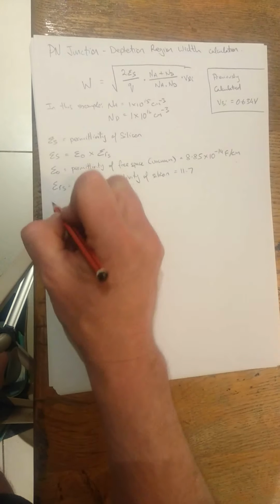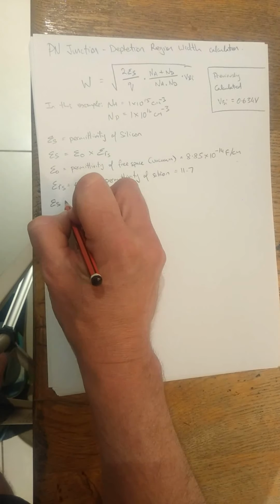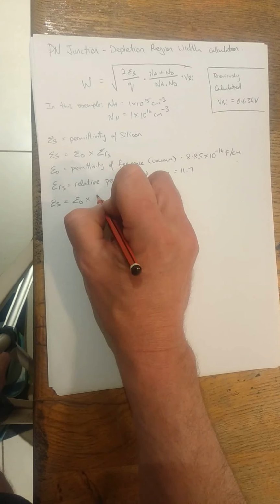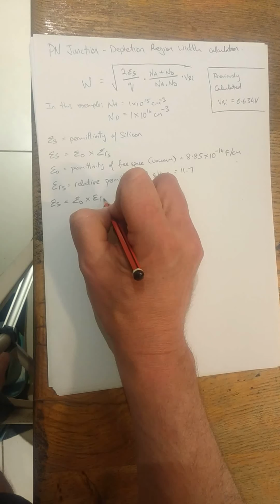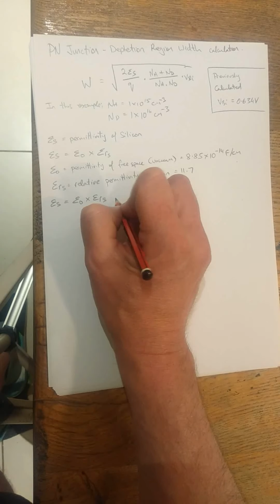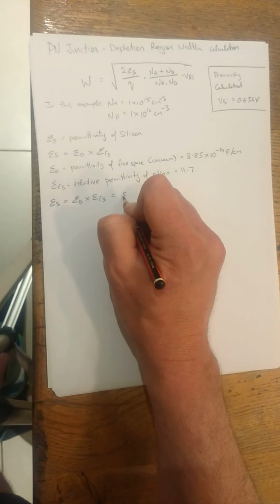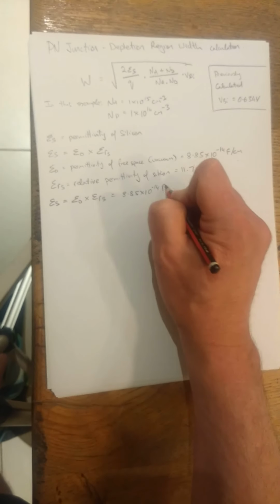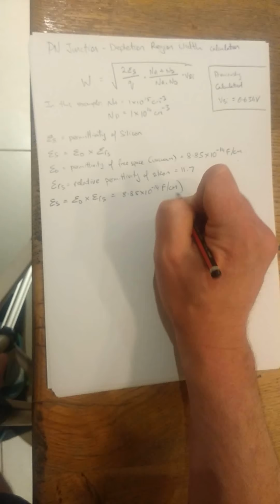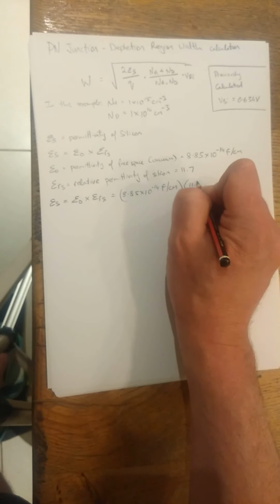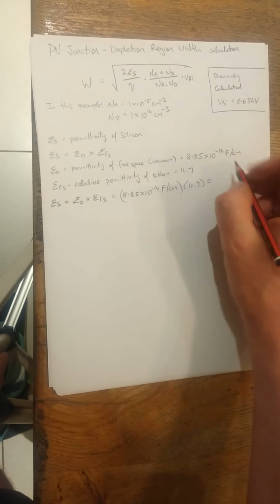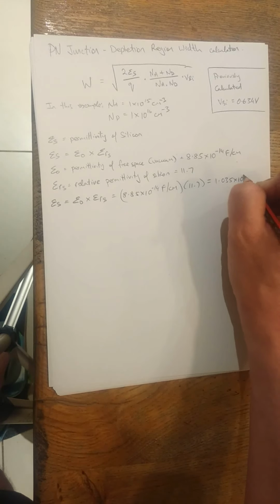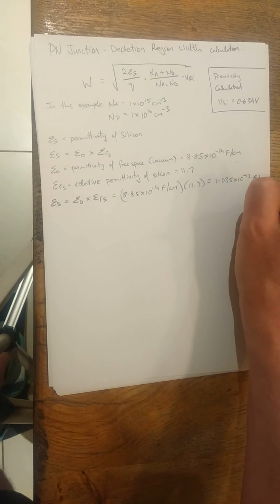What we can then say is that the permittivity of silicon is equal to epsilon 0 multiplied by the relative permittivity of silicon. That is equal to 8.85 by 10 to the power of minus 14 farads per centimeter multiplied by 11.7, and that works out to be 1.035 by 10 to the power of minus 12 farads per centimeter.